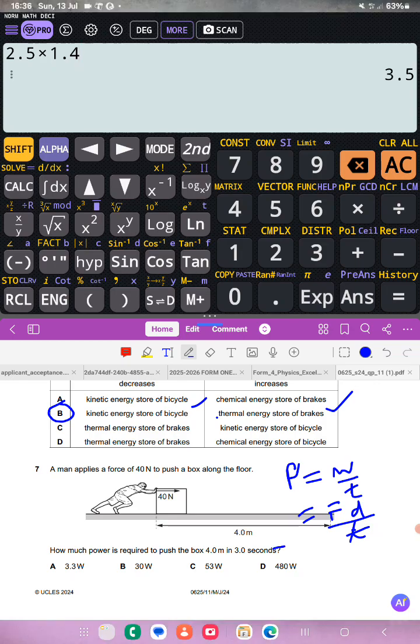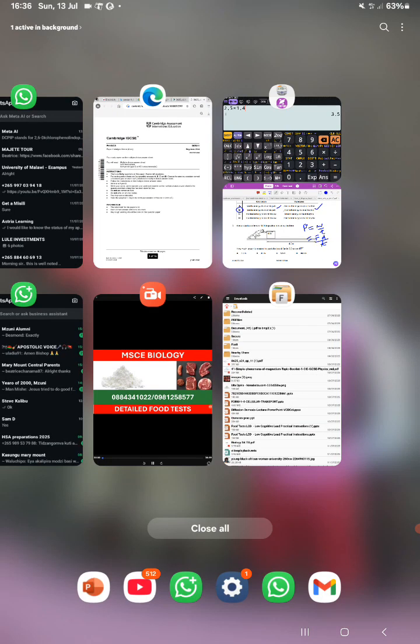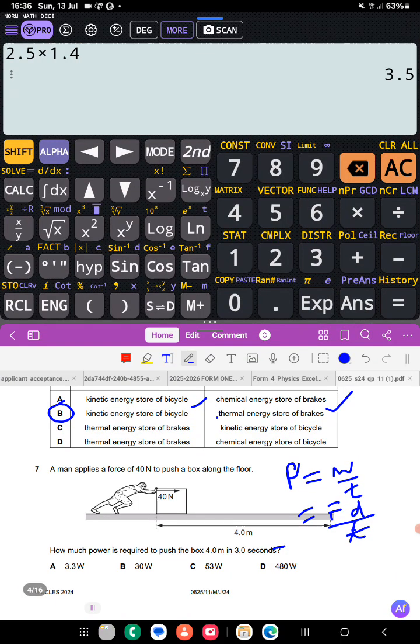So the force applied is 40 newtons. The distance moved is 4 meters, and the time taken is 3 seconds.